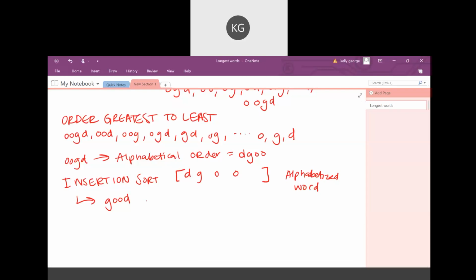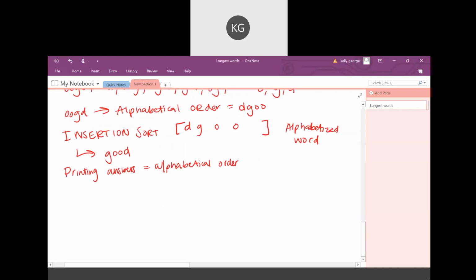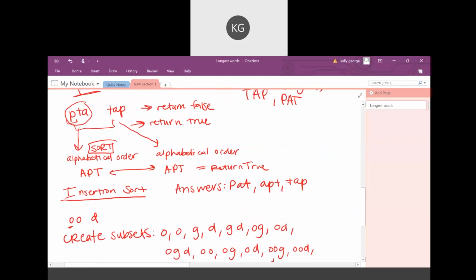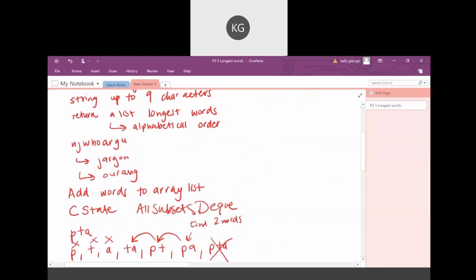DGOO. And also remember, because this one only had one, but remember when you're printing your answers, they also need to be in alphabetical order. So I think in the example he gave us, you can use that.